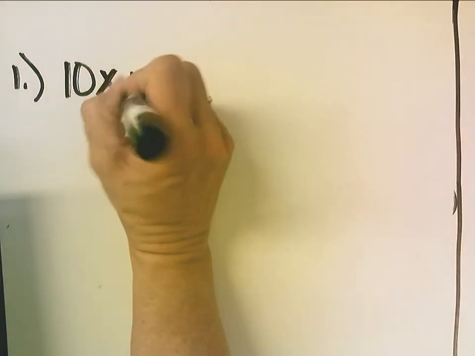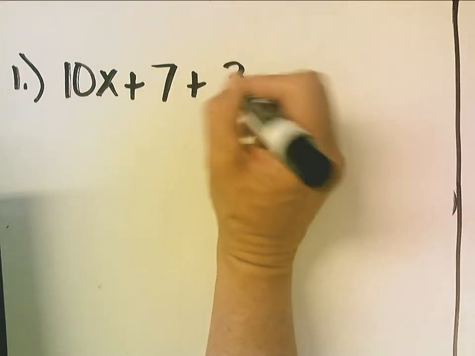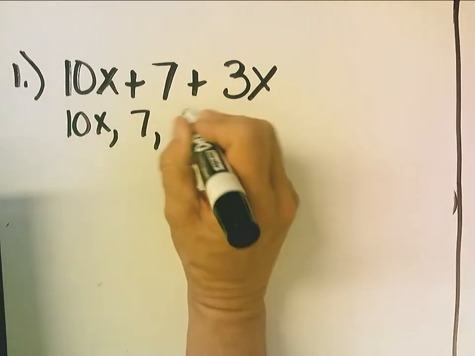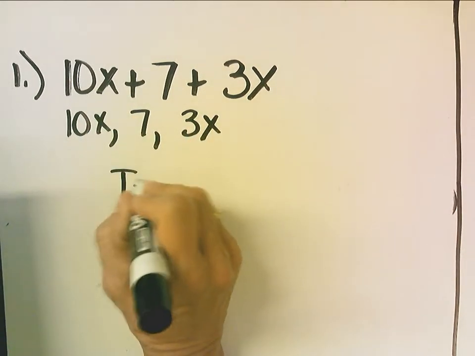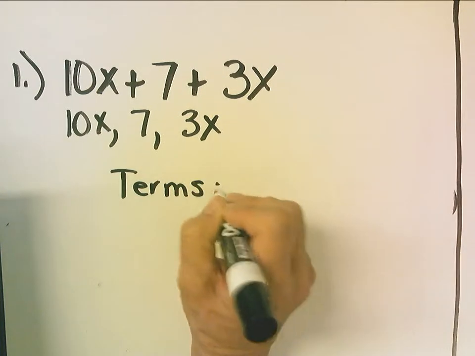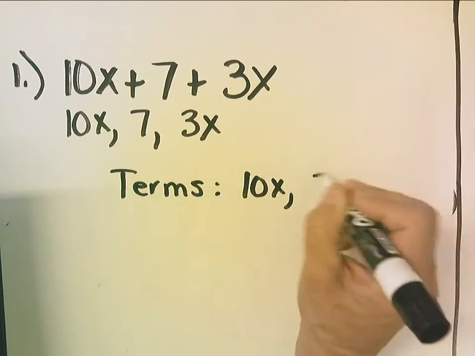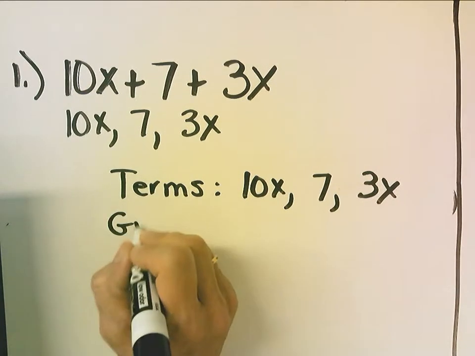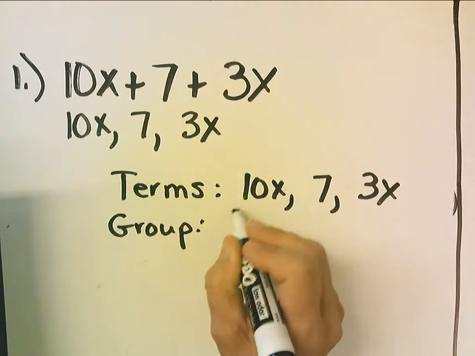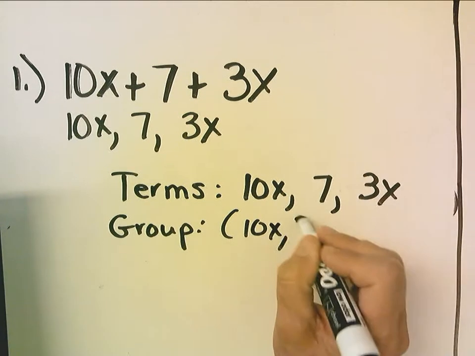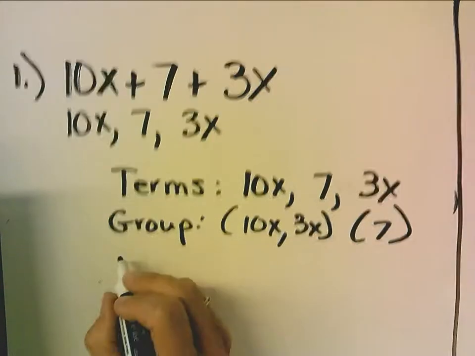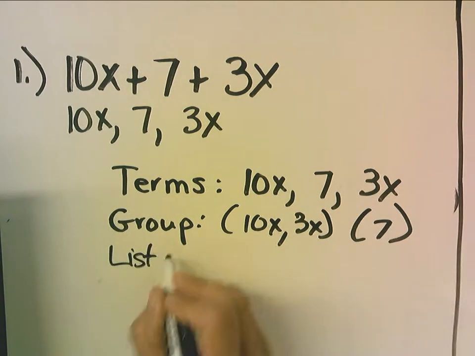So number 1, 10x plus 7 plus 3x. First, I'm going to write it with my commas. Terms. Well, I have 3 terms, 10x, 7, 3x. Group the like terms, okay? So I'm going to group 10x and 3x and 7 by itself. List the coefficients.